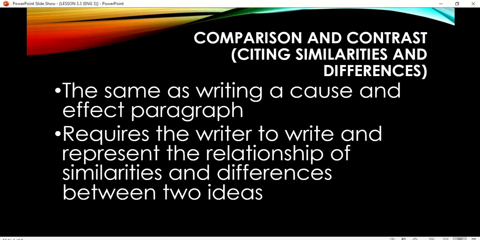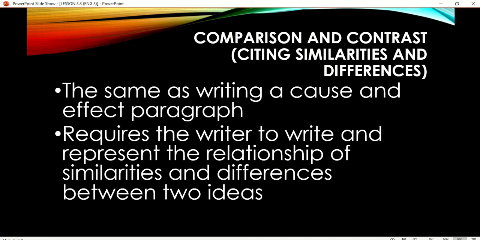And then we have comparison and contrast. When we say comparison and contrast, it's citing similarities and differences. In this case, you just have to look at the commonalities and differences between two ideas or two objects. For example, if you are comparing a man and a lady, what are their similarities?